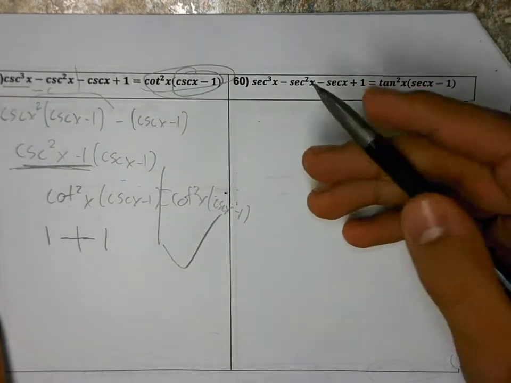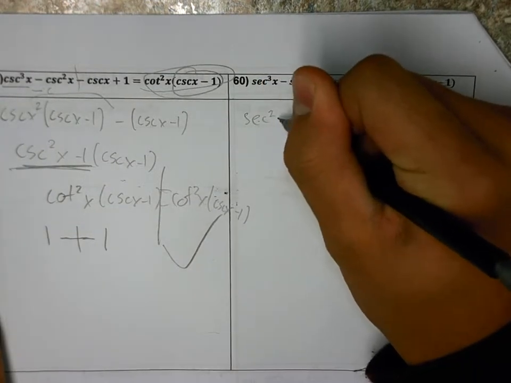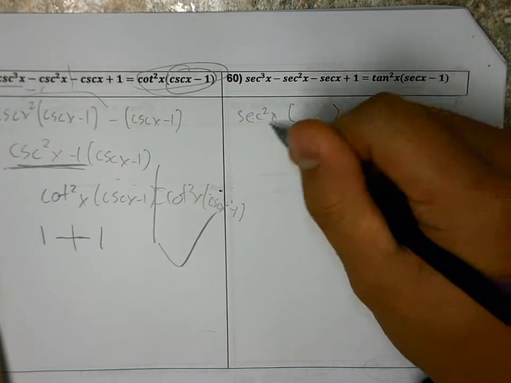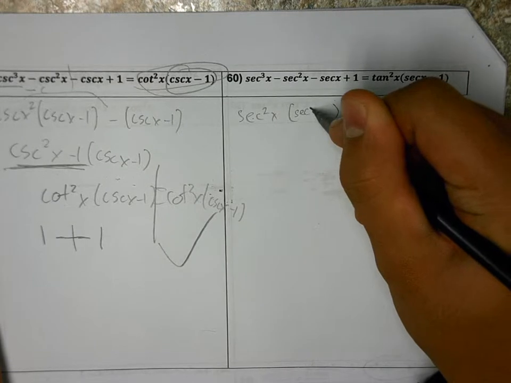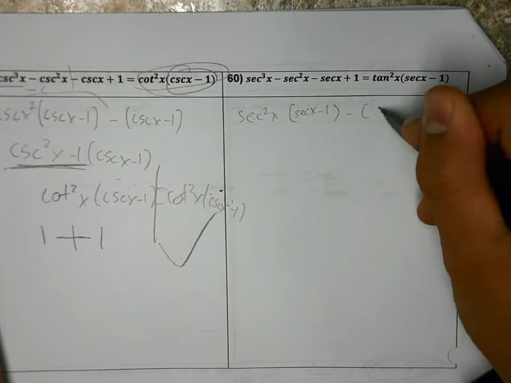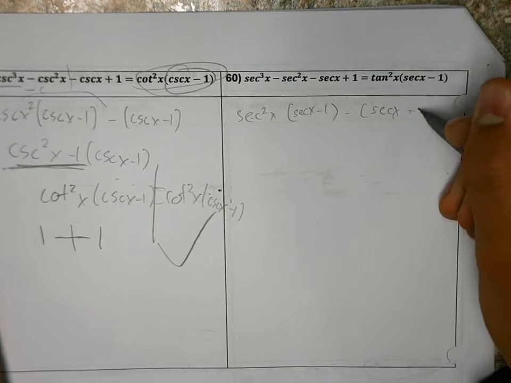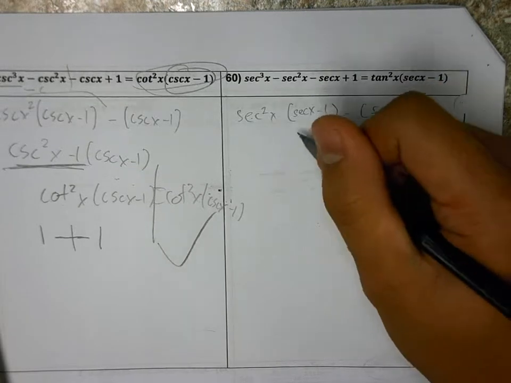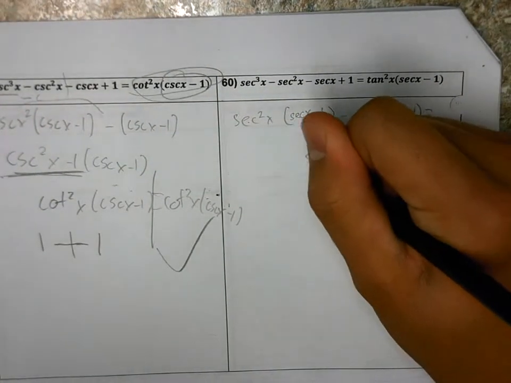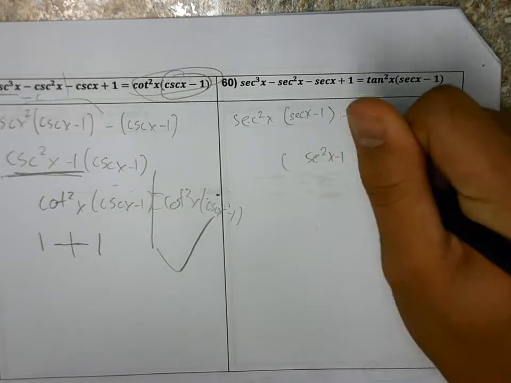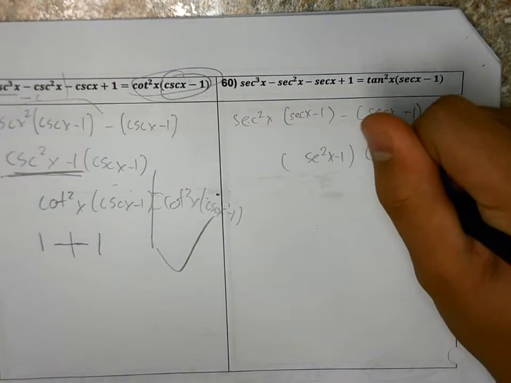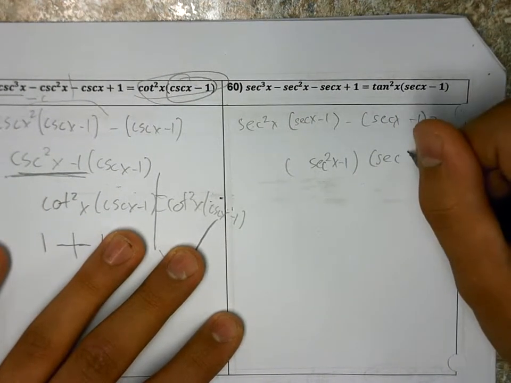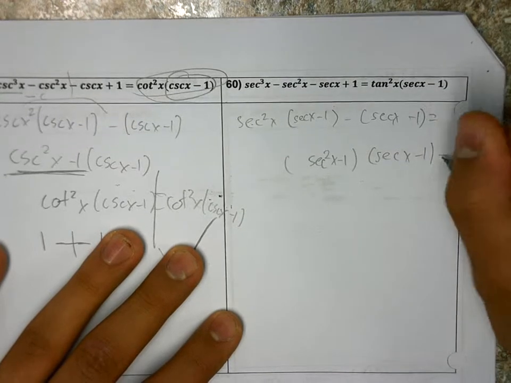Basically, you have to factor out secant squared x, just like here, and you get secant squared x minus 1 minus secant x minus 1 equals, and then multiply this to this, and you get secant squared x minus 1 and secant x minus 2. Thanks.